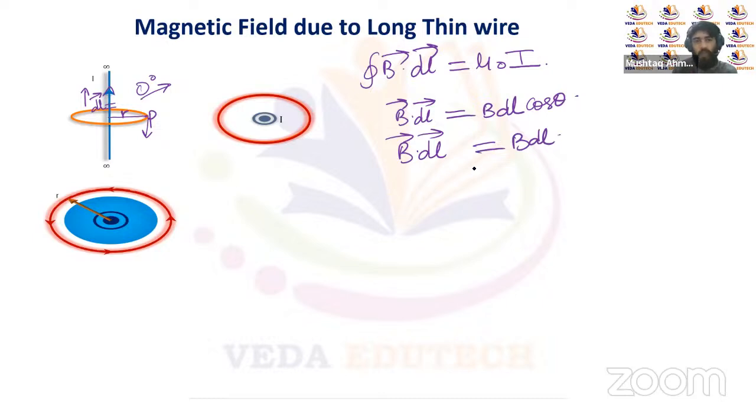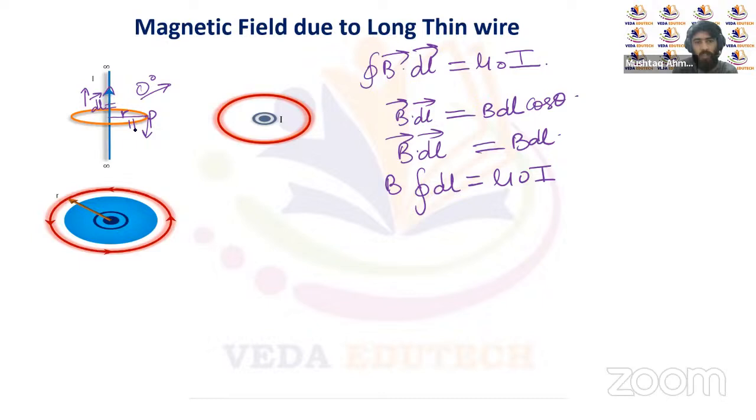We can take B outside this integral now, because the dot product has been calculated and we are left with just the magnitude of B, a scalar. We're now left with the closed integral of dl, equal to mu naught I. This dl is the length element of this Amperian loop.